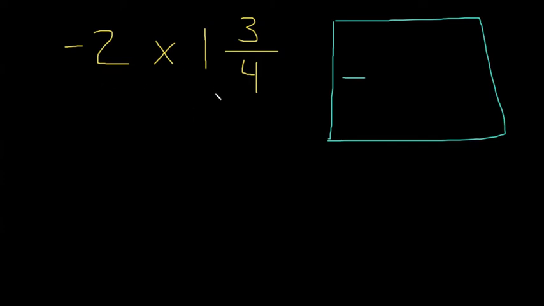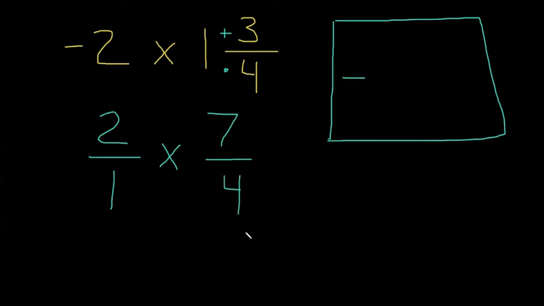So the first thing we want to do is let's make sure we have a fraction times a fraction. Well, 2 is the same as 2 over 1 times, and now we'll convert this to an improper. 1 times 4 is 4 plus 3 is 7, and we keep the same denominator.